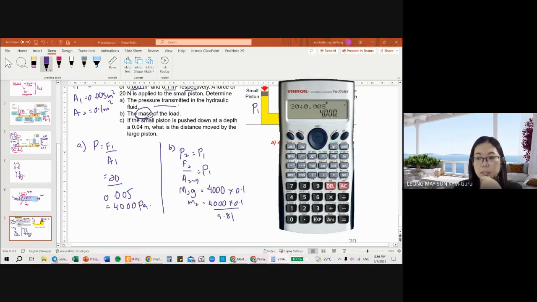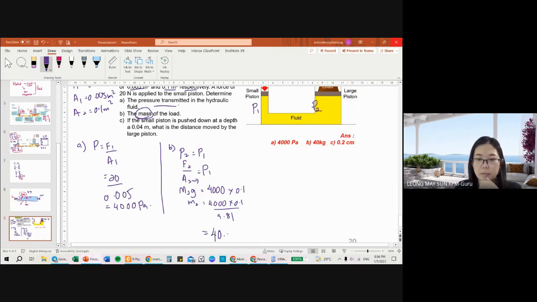So 4,000 times 0.1 divide by 9.81. So my answer is 40.77 kg. All right, so that's my answer. This one is not applicable because this one G they use 10. All right, this is KBSM syllabus.